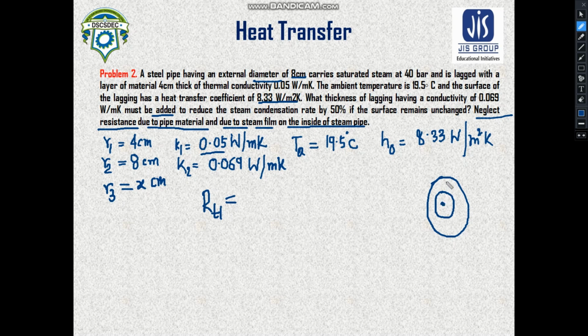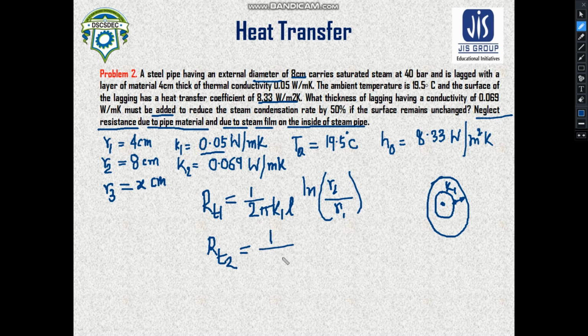This material has a thermal conductivity of K1, and because of the heat conduction between these two layers, we can write this formula: 2 pi K1 L divided by ln R2 by R1. We have used this formula a lot in the previous problem, and in the next case it would be nothing but the convective heat transfer coefficient.